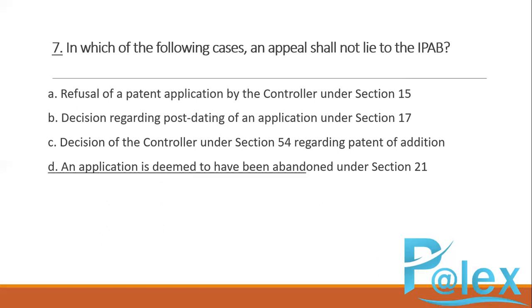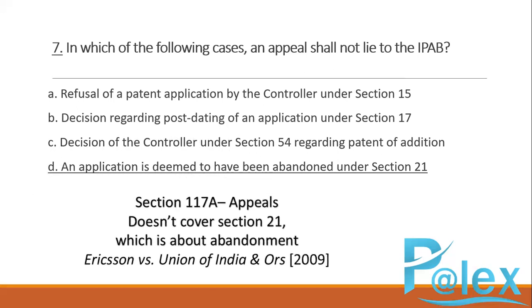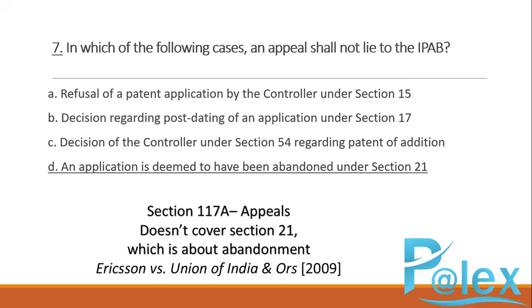If you look at section 117A, in that appeals part, you would see that section 21 is not there, which is about abandonment. Also, there was a case law in the year 2009, Erickson versus Union of India, in which this matter was discussed in detail, because although the applicants in that case had specifically replied to the examination, still the controller had abandoned the application under section 21.